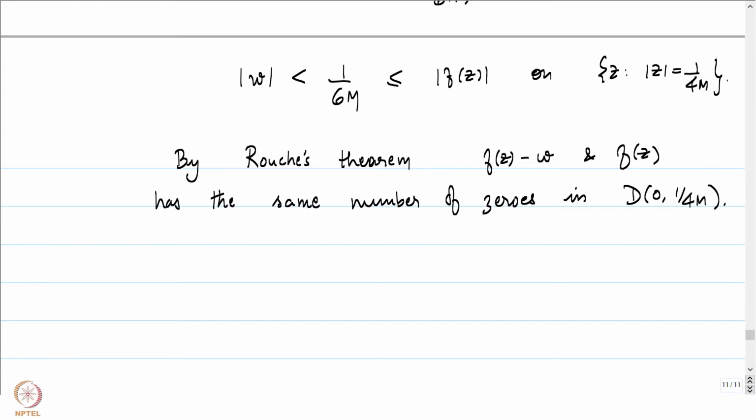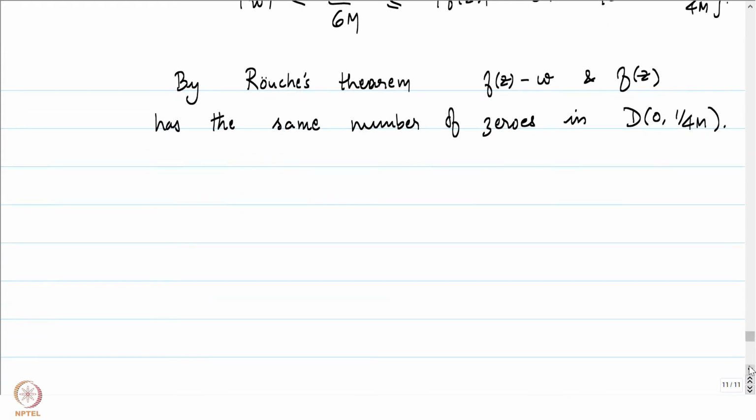That is precisely what Rouché's theorem will tell us. And because of that, there exists z in D0 1 by 4m such that f of z is equal to w.